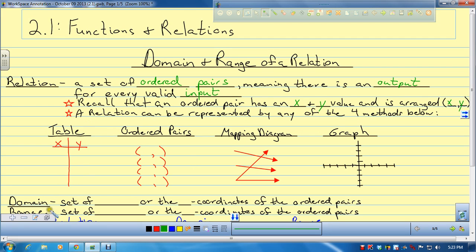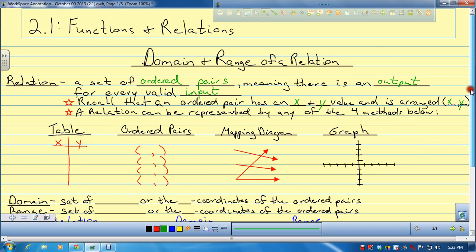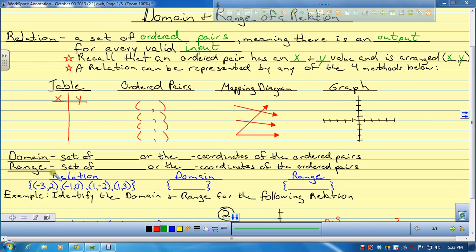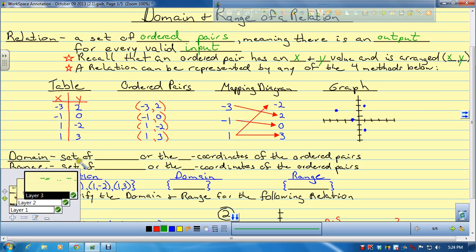So what I'm going to do here is fill in these blanks and let you fill those in. You'll notice that these all involve the same pairs. These are ordered pairs here: (-3, 2), (-1, 0), (1, -2), and (1, 3).